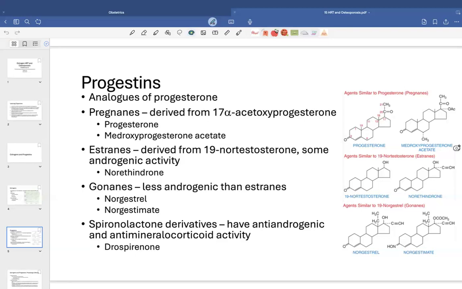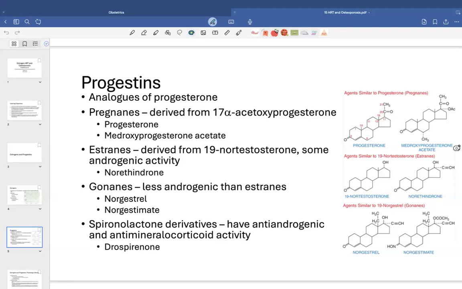Estranes, again, are closely related to testosterone, so they have androgenic activity, including norethindrone, which is present in a lot of contraceptive drugs. And then there are gonanes and spironolactone derivatives that vary in terms of their androgenic activity.